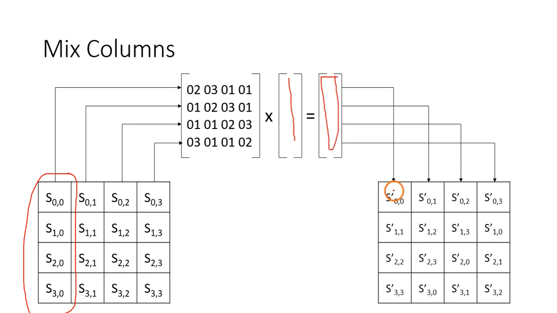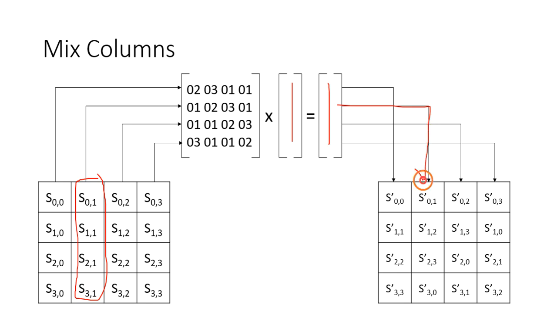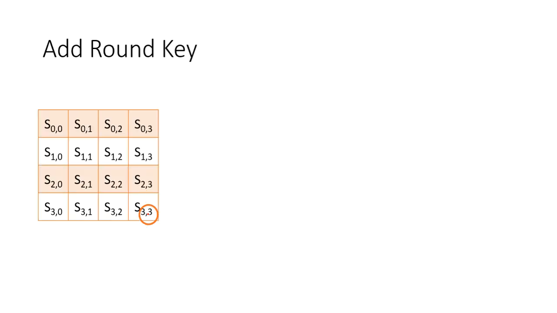That result is placed like this. You take the second column, perform the matrix multiplication, and put the result into the second column in the result state. That's all. You do this for each column. So this is mix columns.